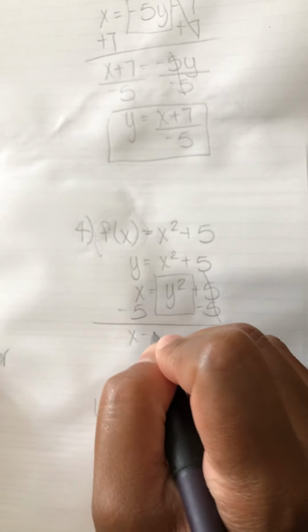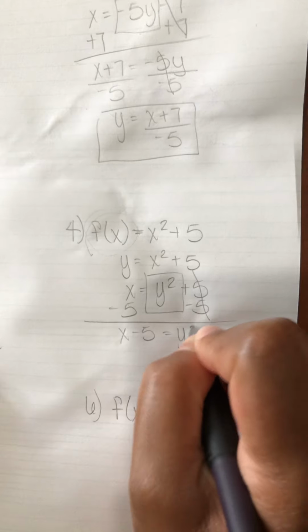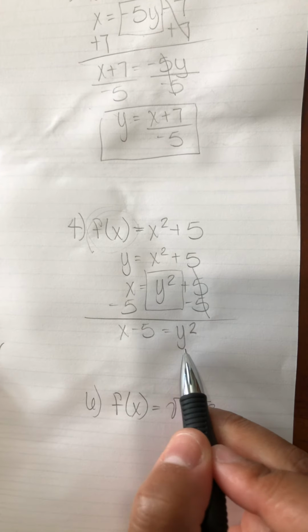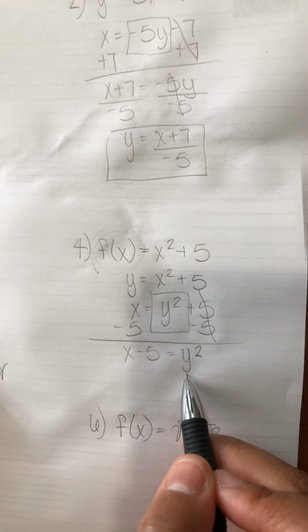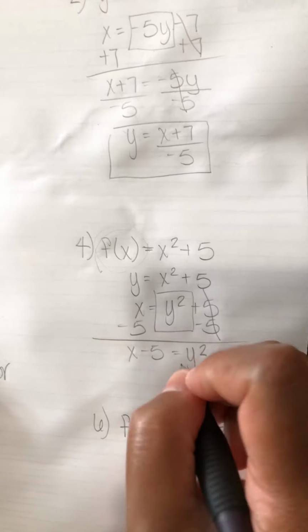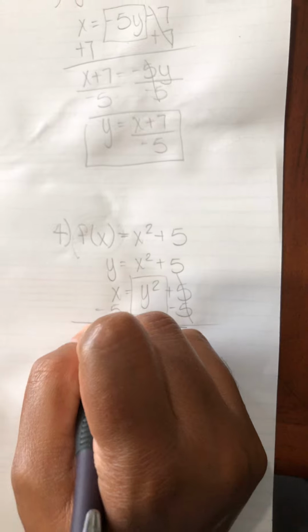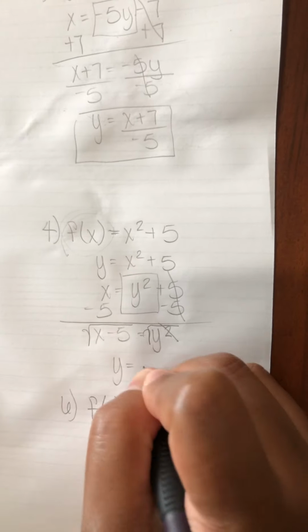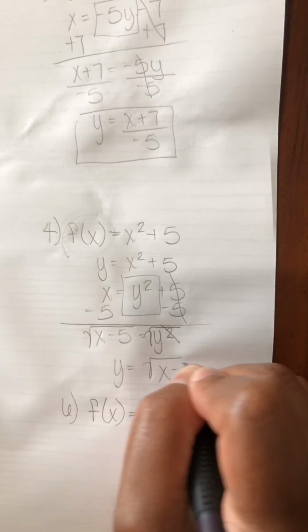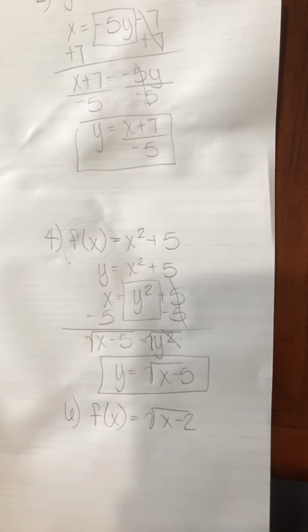So I have x minus 5 equals y squared. Now, I need to think, what is the opposite of squared? The opposite of squared, of course you should remember, is square root. So those cancel, and y is equal to the square root of x minus 5. And that's my answer.